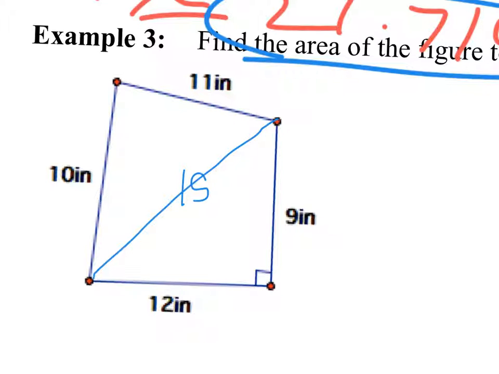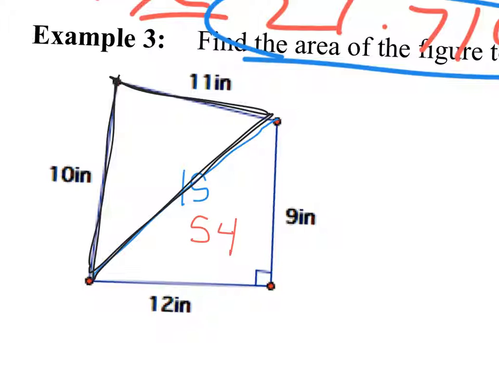So then what you wanted to do is find the area of each one of these triangles and add them together. So what is 1/2 of 9 times 12? Okay, so the area of this triangle is 54. Now I need to find the area of this triangle. And that one I can use Heron's formula.